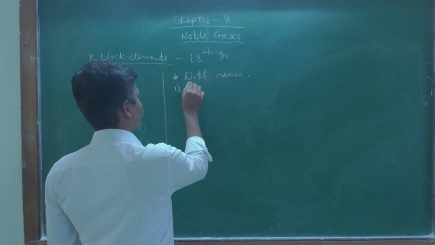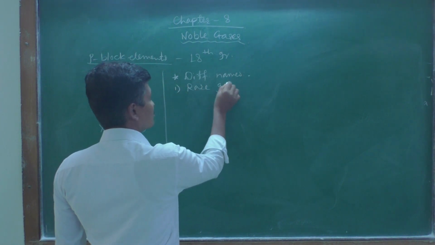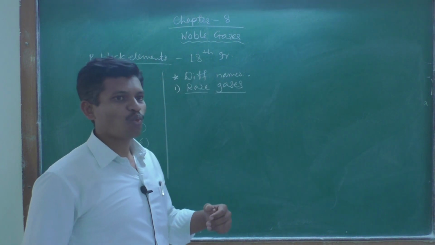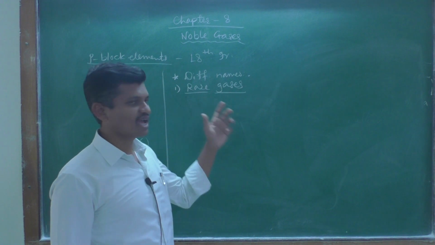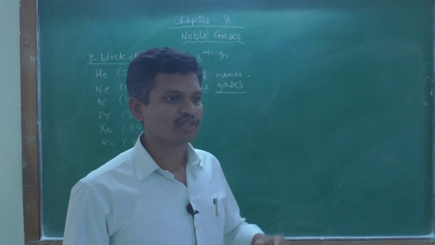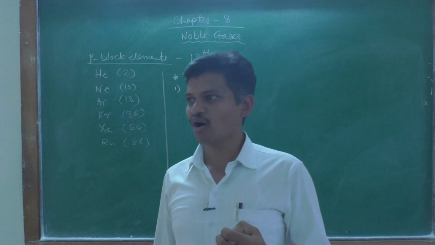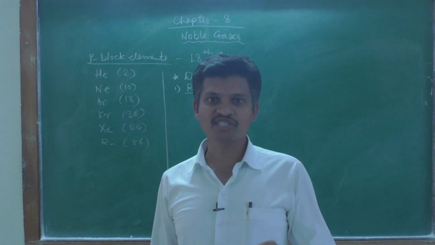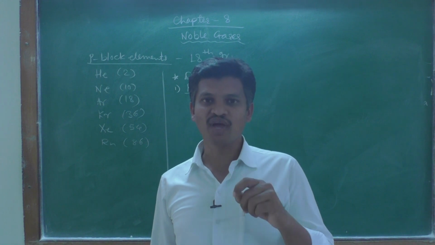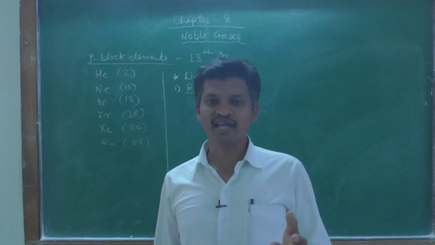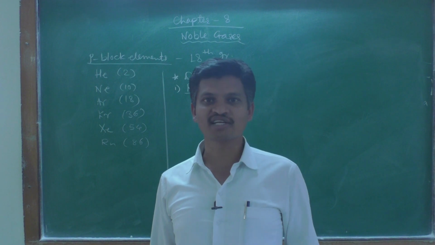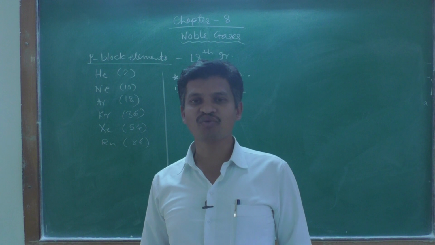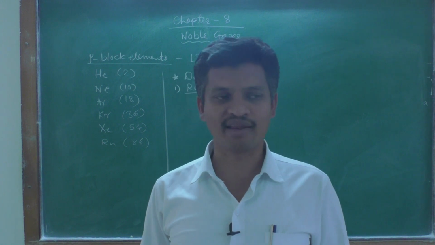The first one is rare gases. When we use the word rare, it means the amount of that particular substance is very small in the atmosphere, in nature, in the earth's crust, in the universe, and so on.